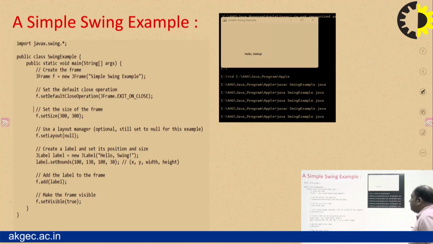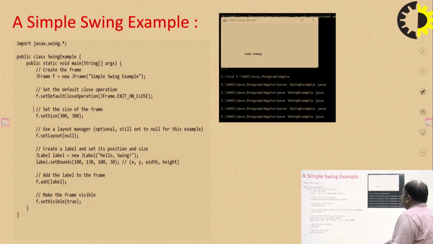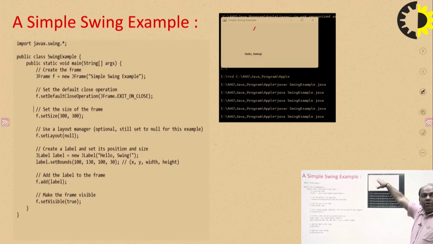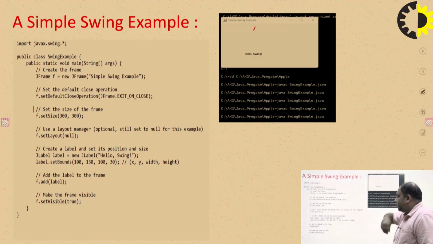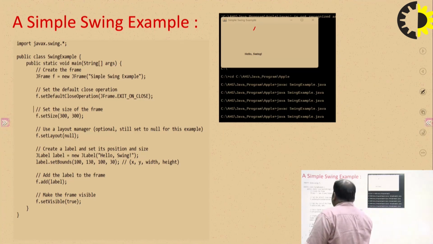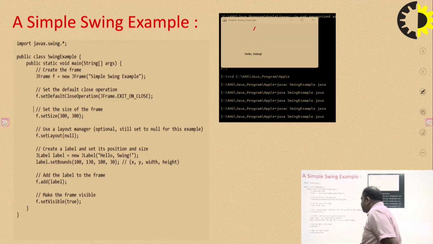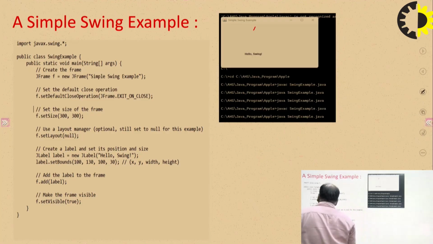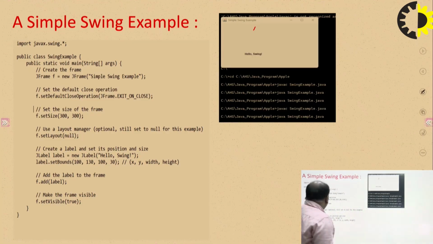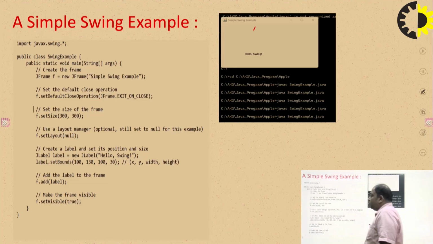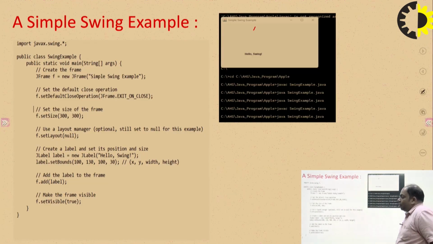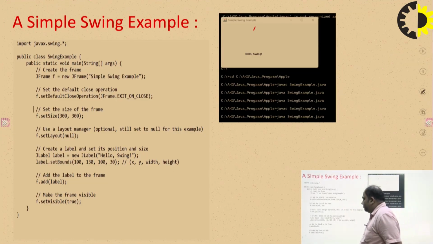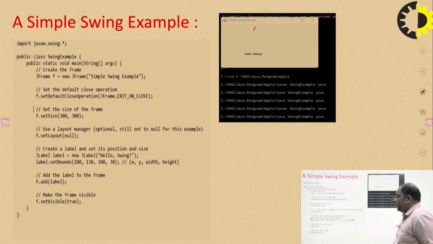In the same way, we give the name of a frame, which is Simple Swing Example, which you see on the top pane of the frame. Now we set the default close operation, meaning exit on close. Then we set the size of the frame using setSize, and we write F.setSize, F.setDefaultCloseOperation, F.setLayout everywhere.